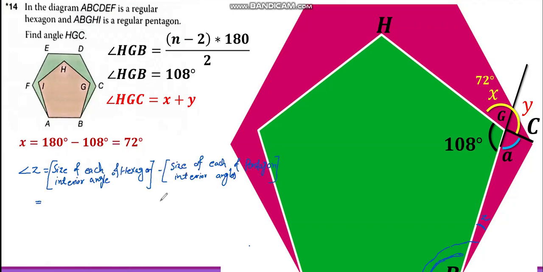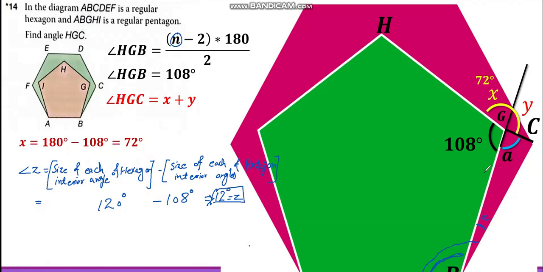We know the size of each interior angle in a pentagon is 108 degrees, and in a hexagon, we can replace n with 6 to easily find that the size of each interior angle of a regular hexagon is 120 degrees. So the difference will be 12 degrees. It means the size of angle Z will be equal to 12 degrees.